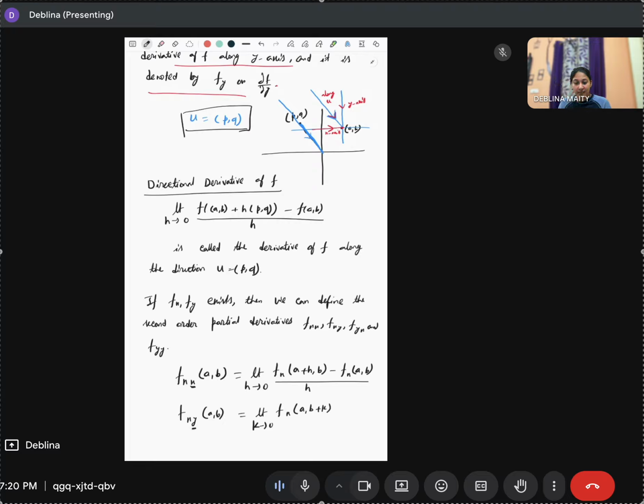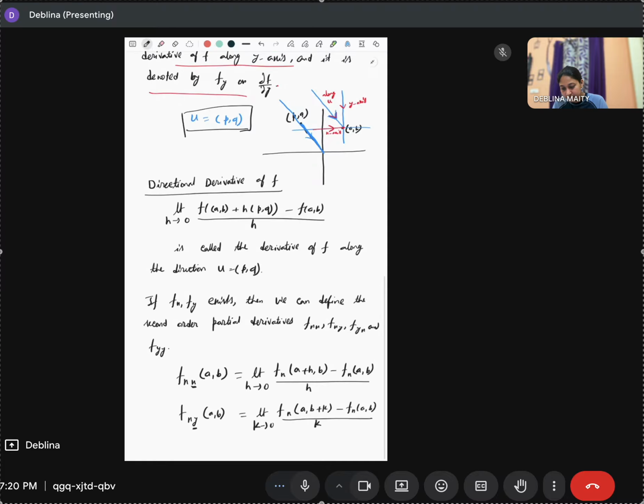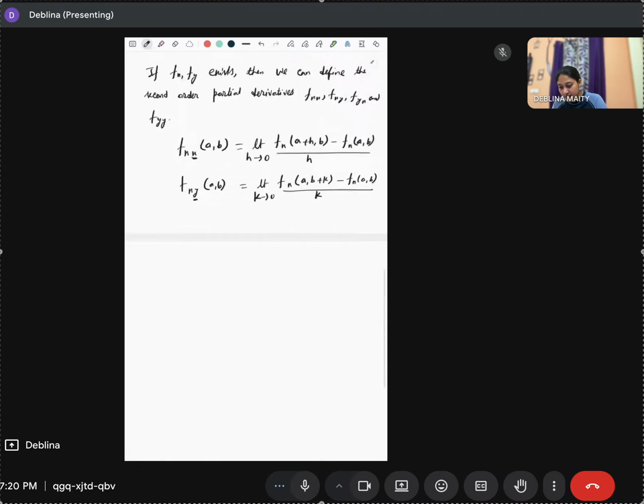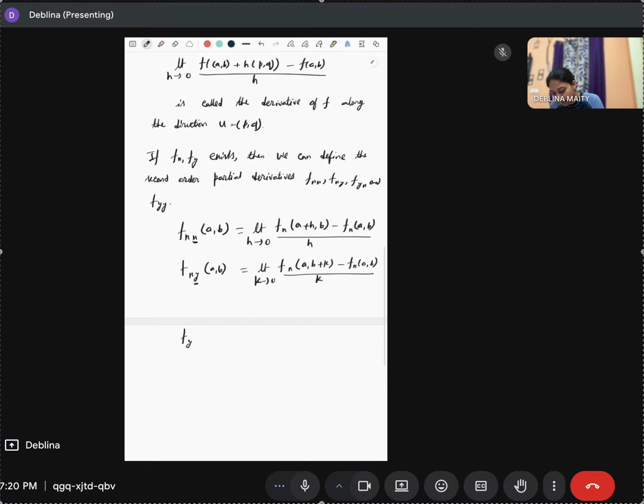Now we are approaching fx at AB along y-axis, minus fx of AB, by k. And similarly, fyx of AB is: the function is fy and we are approaching by x-axis, so it is fy of a plus h, b, minus fy of AB, by h.